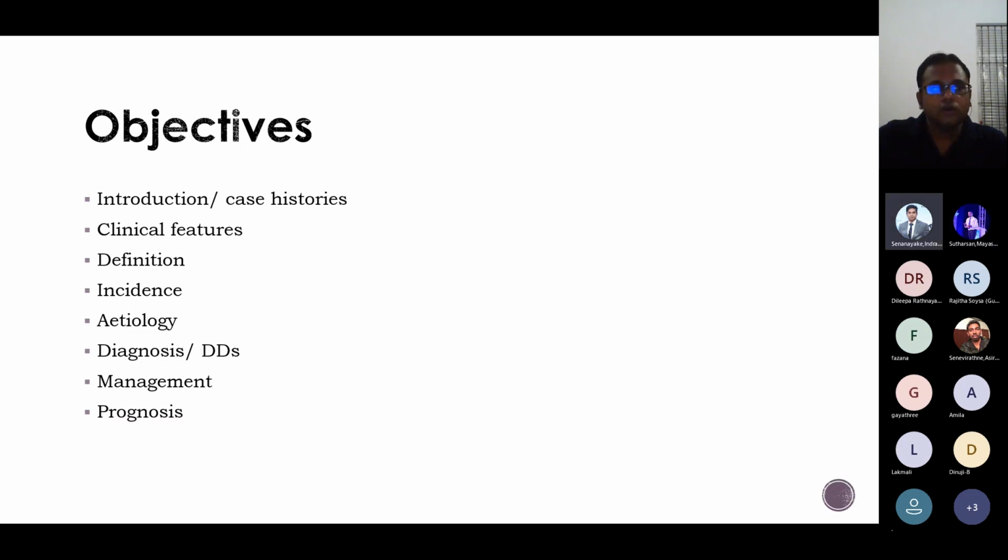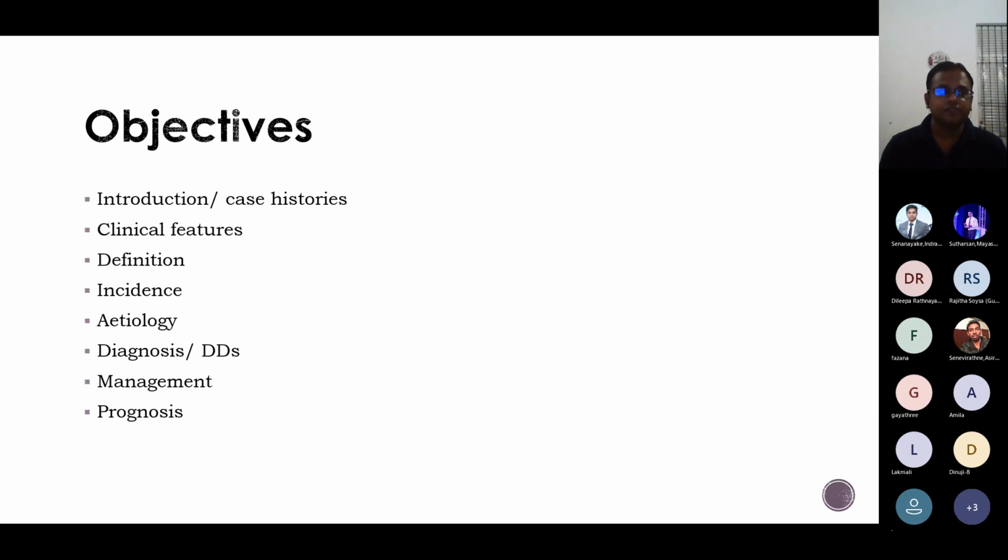So the objectives, or the lineup of my lecture, is like this. I'm going to start with the introduction, and we'll start with some case histories. These are patients we have managed in our neonatal unit over the last few weeks, and then we'll discuss clinical features. I hope you all have seen these children with hypoglycemia, and you must be knowing their clinical features. What is important is these clinical features are not specific for hypoglycemia.